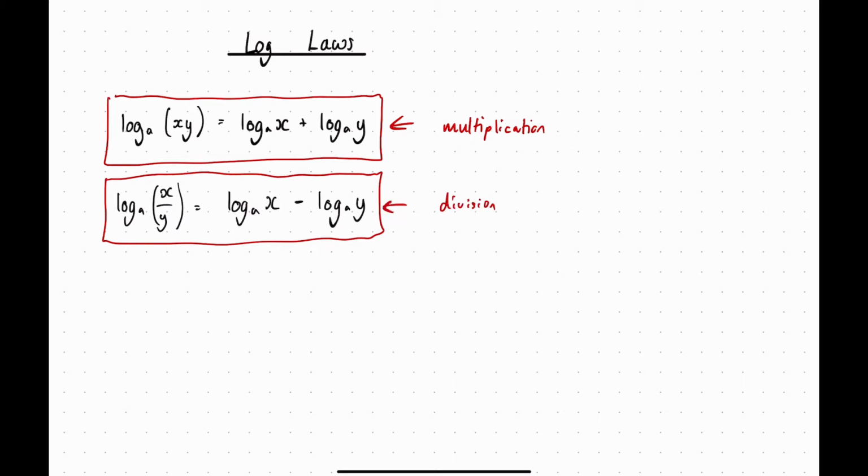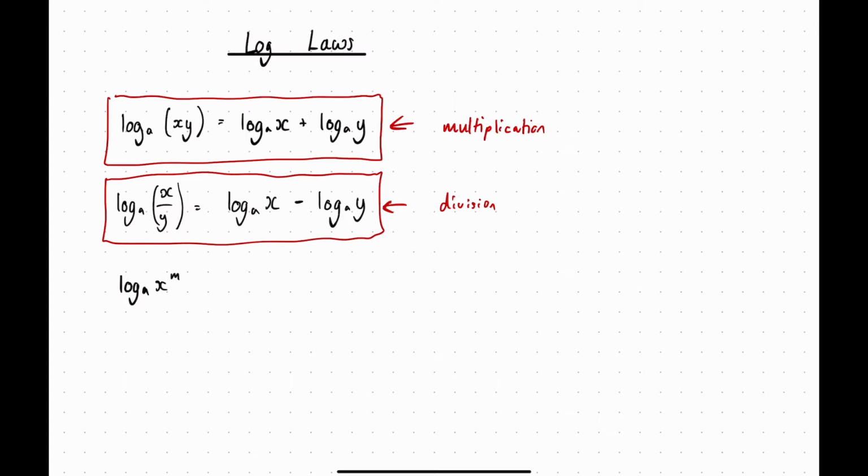There's one last main law, and this is one I mentioned yesterday. If you've got log base a of x to the power m, then you can bring the m to the front. The power m is only on the x.